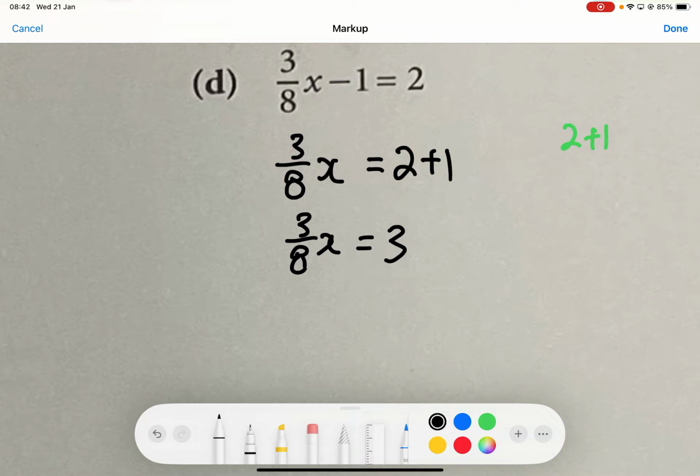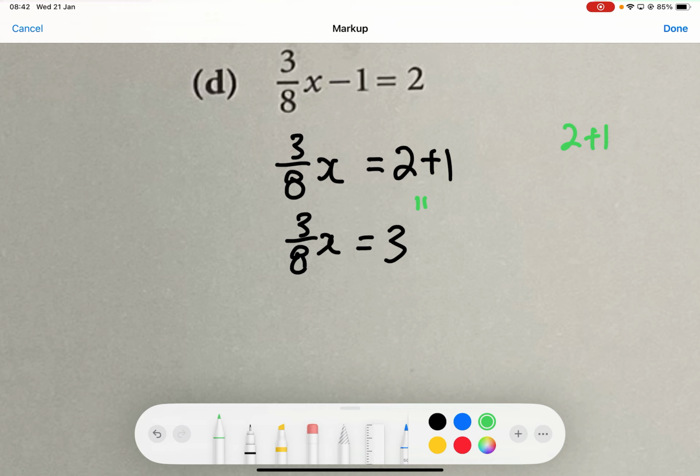Okay? So my 2 plus 1 equals to 3. Actually, I write it in a vertical way. 2 plus 1 equals to 3. So it is like there is another equal sign here like that.